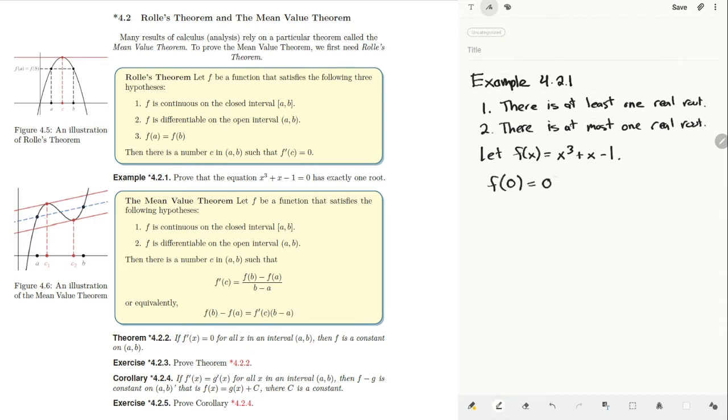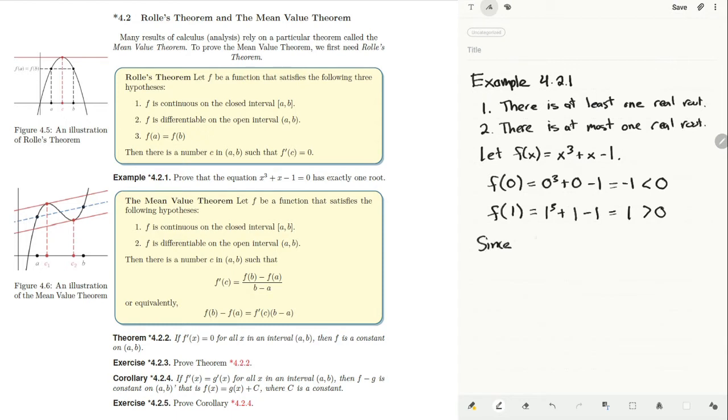So we have 0 cubed plus 0 minus 1, which gives us negative 1. So we know that f of 0 is negative. Now we need to evaluate the function at another point so that the function will be positive. So let's choose 1. So we get 1 cubed plus 1 minus 1, which will simplify to positive 1. So that tells us that f of 1 is positive.